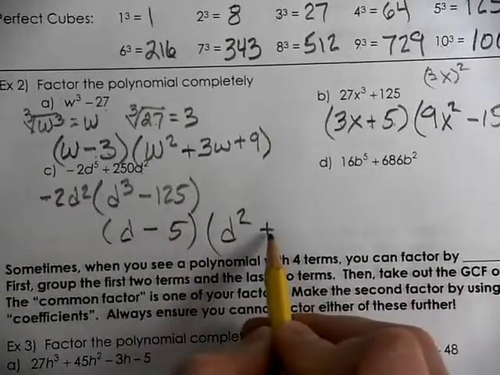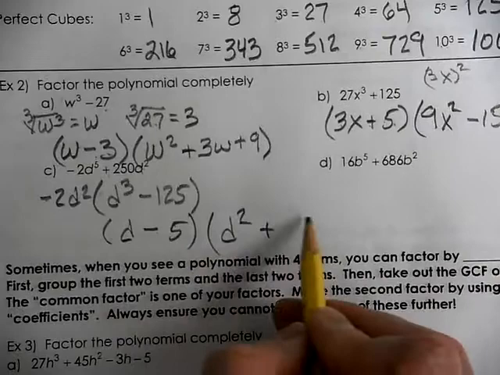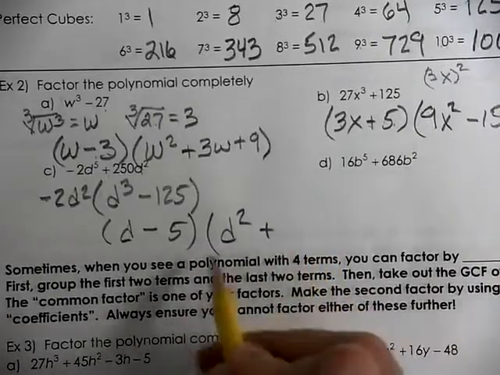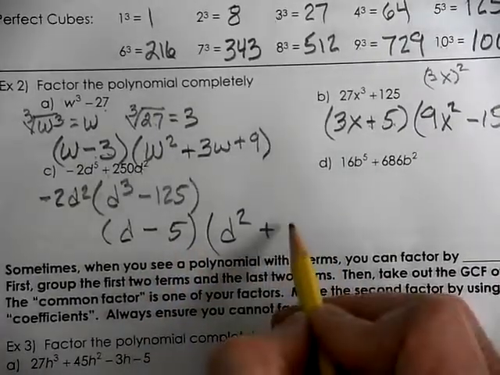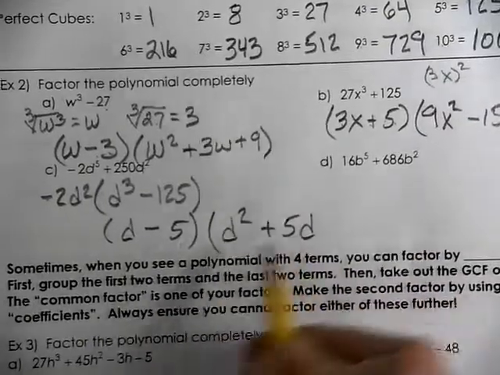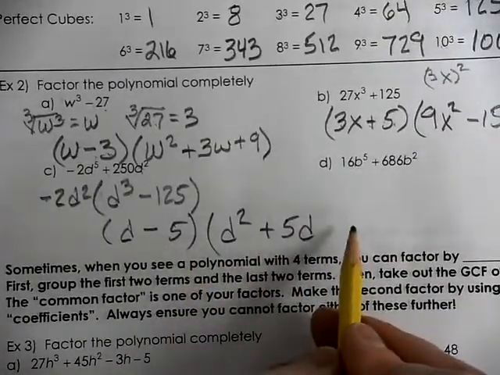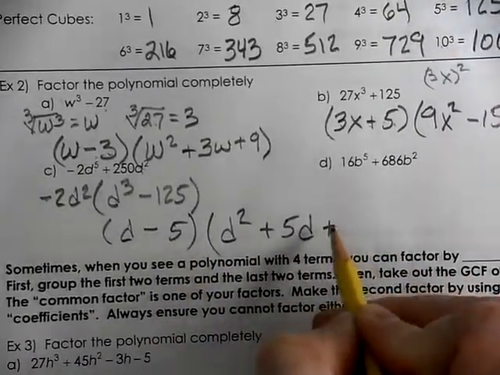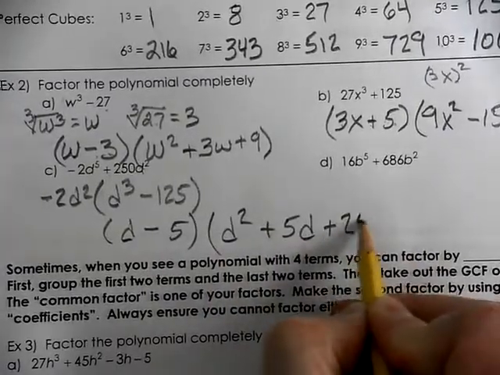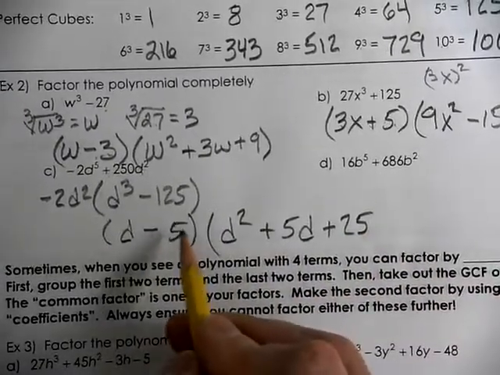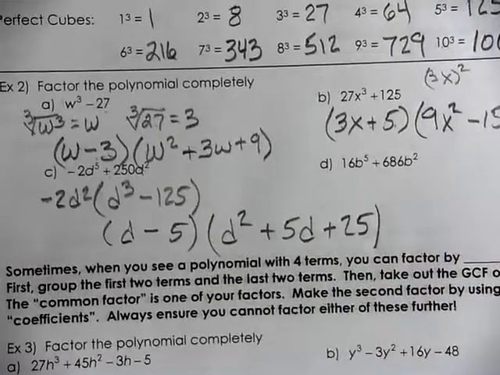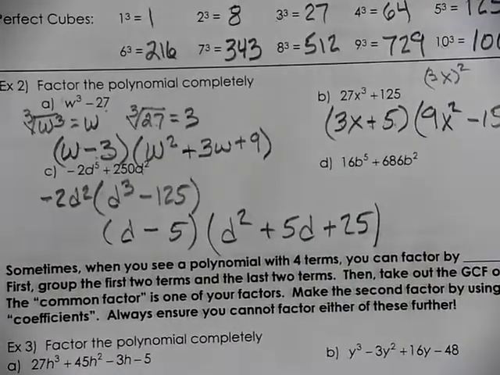Plus, change the sign. How do I get my next term? Multiply the two together, so 5D. And how do I get my last term? Square the B term, which in this case is a 5. There it is.